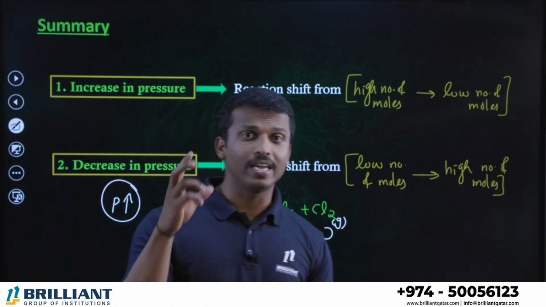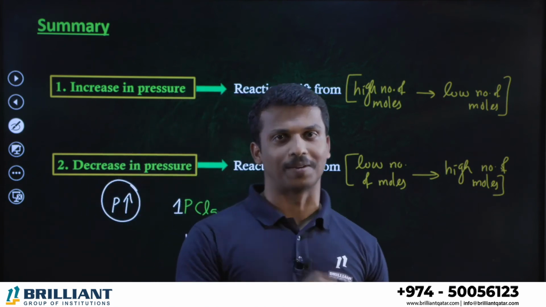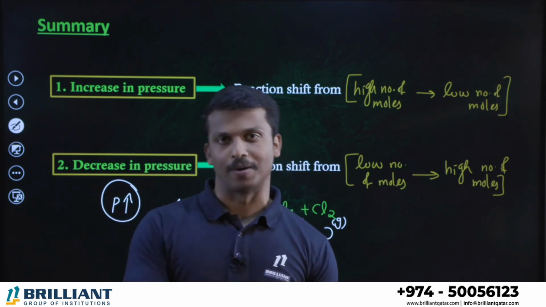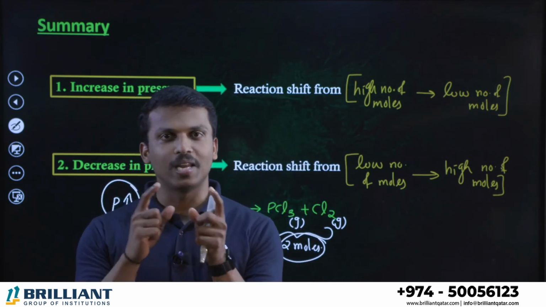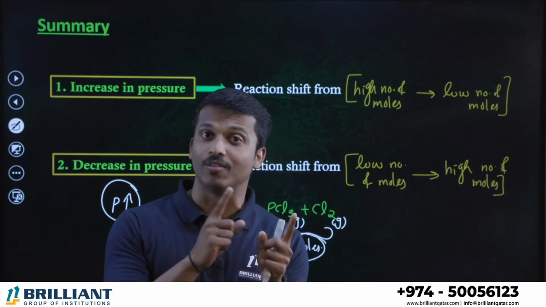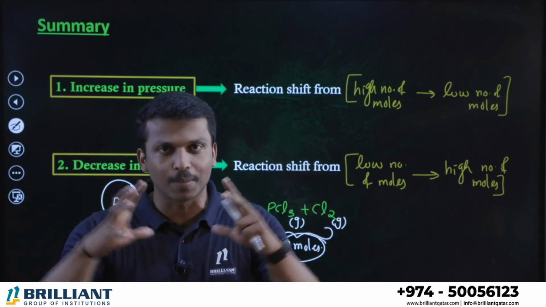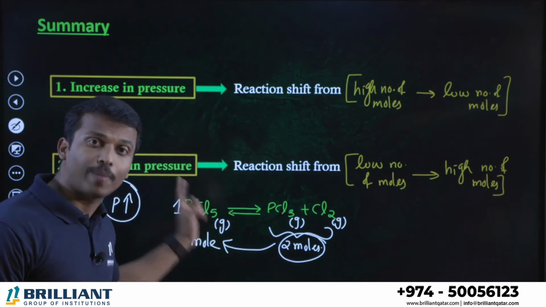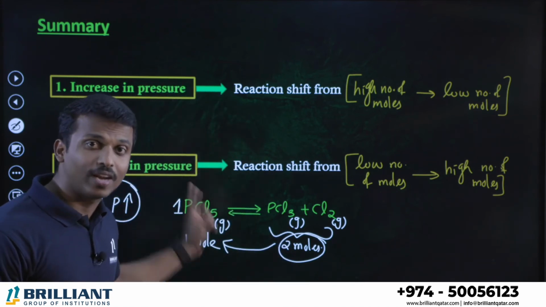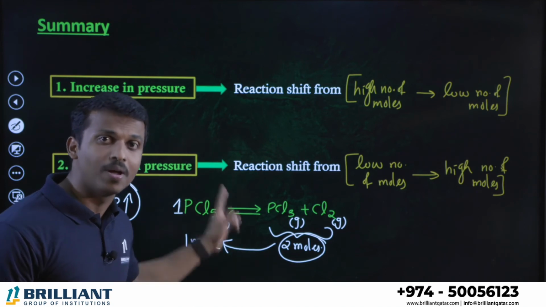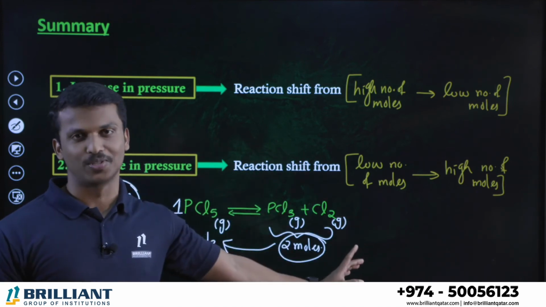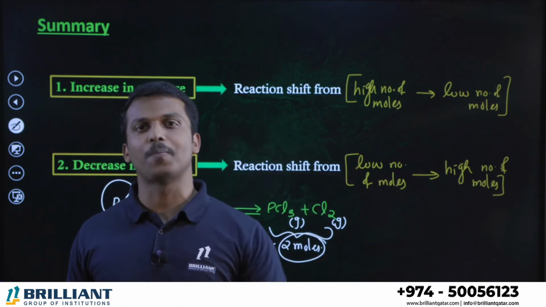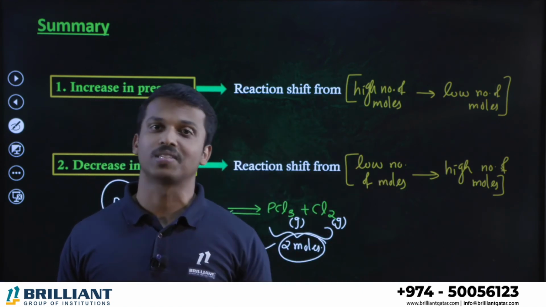You know, volume is inversely proportional to pressure. When you increase the pressure, volume decreases. When you increase the pressure, reaction shifts from higher number of moles to lower number of moles. Then you can say about the volume effect also. Just take the opposite because pressure and volume are inversely proportional.